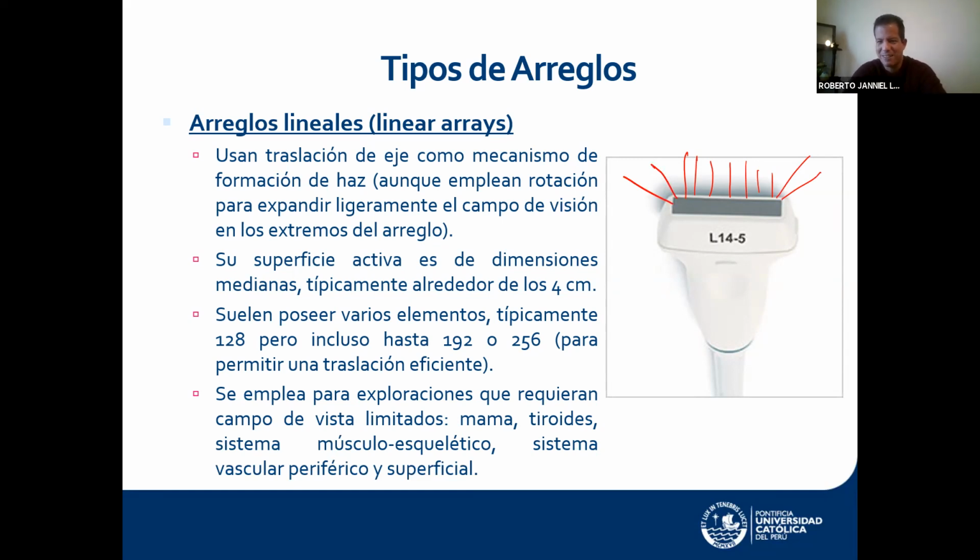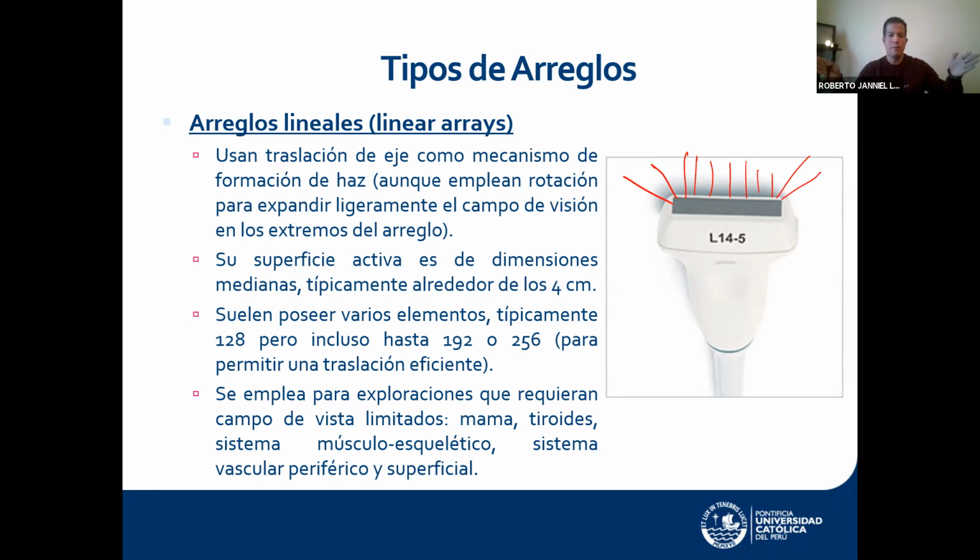It even has a name. That's kind of funny. The active surface is longer than for the phased arrays, of course, because this is moving the beam left to right. So rather than a small 1.5 centimeter aperture, you have a relatively long aperture, roughly 4 centimeters for most linear arrays.